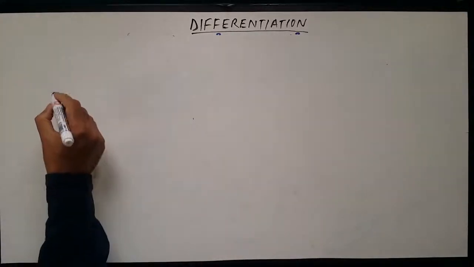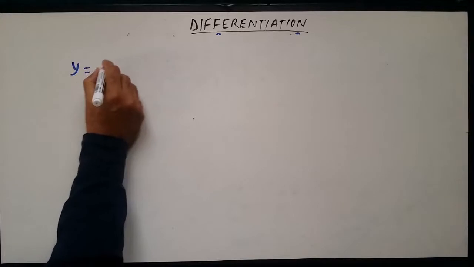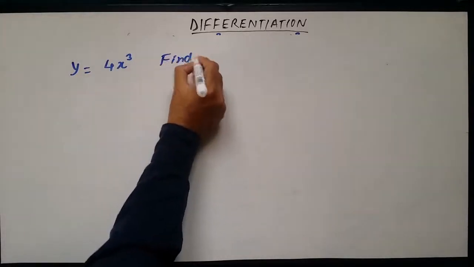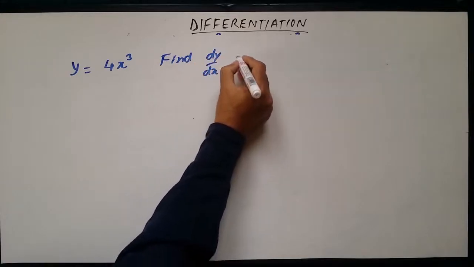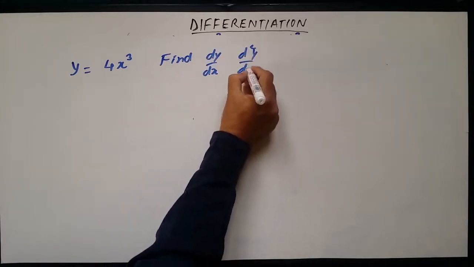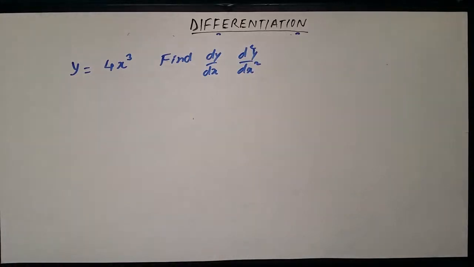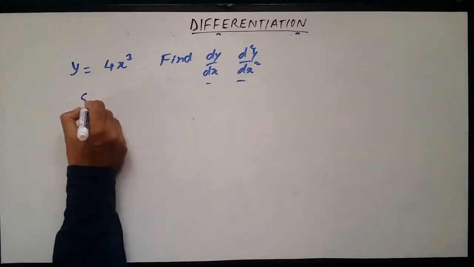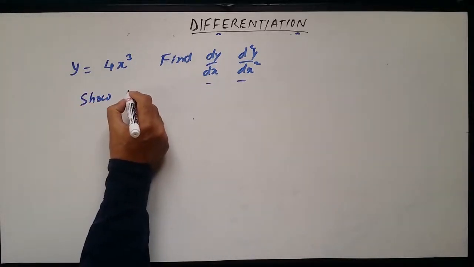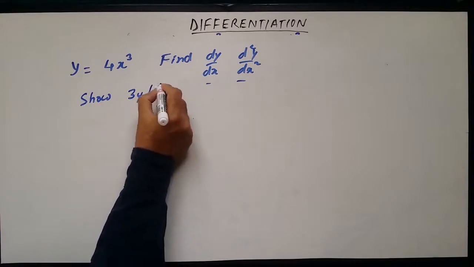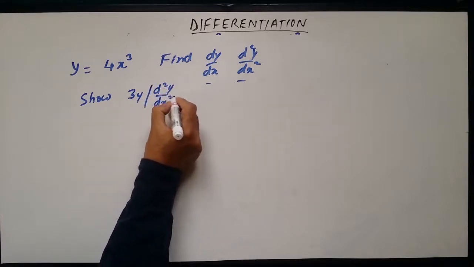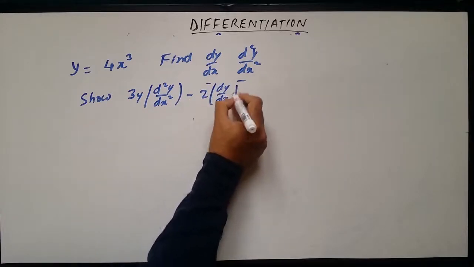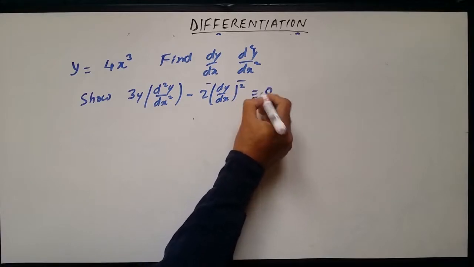Let's say y is equal to 4x cubed. Find dy by dx and find d2y by dx2. Also, after we have found these two, show that 3y times d2y by dx2 minus 2 times dy by dx whole square is equal to 0.